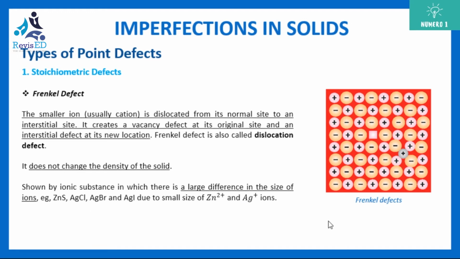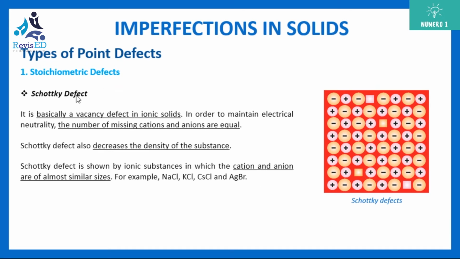Next is Schottky defect. Schottky defect is basically a vacancy defect in ionic solid. If you see, a positive charge is missing here, a negative charge is missing. Here also a positive charge is missing, a negative charge is missing. This happens because it has to maintain its electrical neutrality.